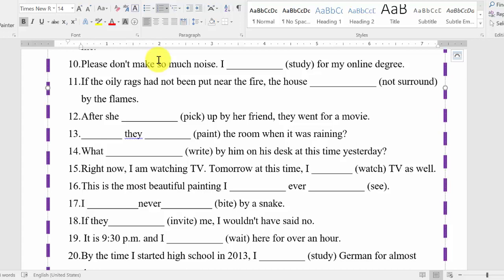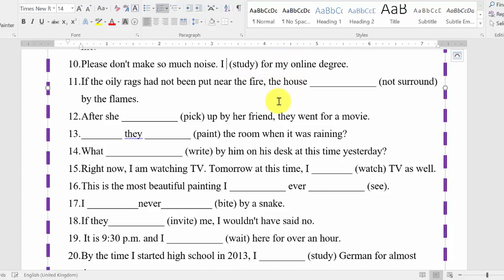Because I am studying for my online degree. This should be happening at the moment when you're telling this sentence. So when you see a question like this, where you're asking someone not to do something, or asking someone to do something for you, and you have another sentence at the back without any keyword, it should be present continuous tense.